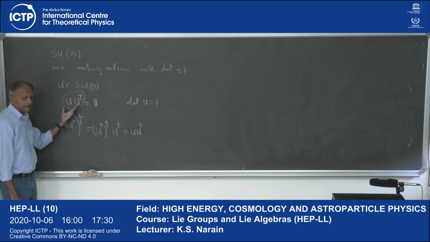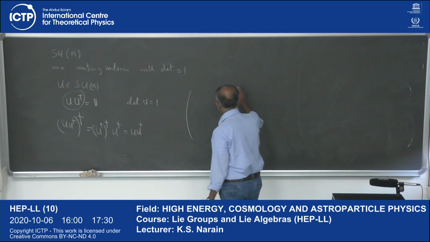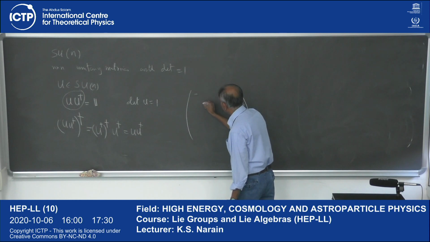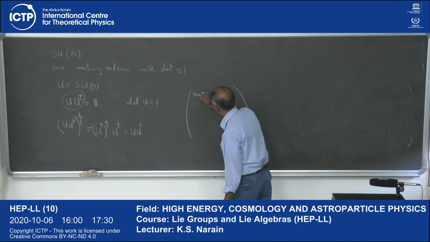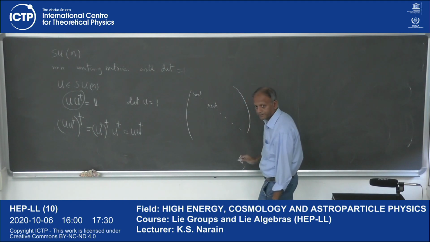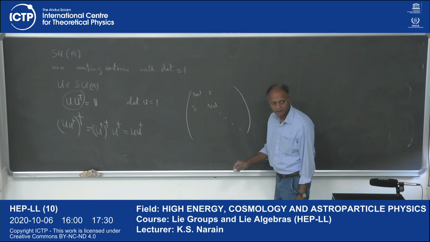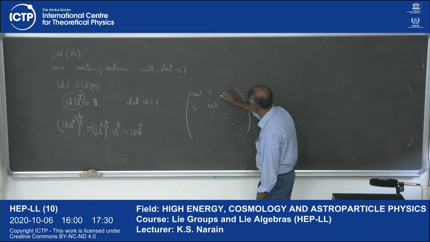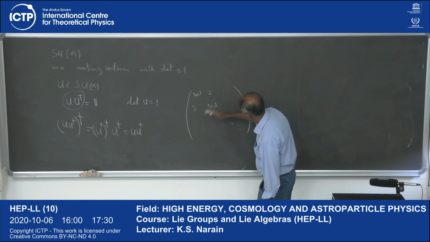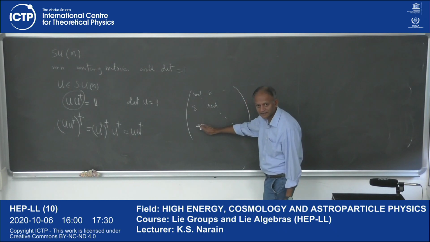So how many independent conditions are there? A Hermitian matrix means the diagonals are real. Whatever the numbers are, complex numbers here, on the transpose side it will be the complex conjugate of that.